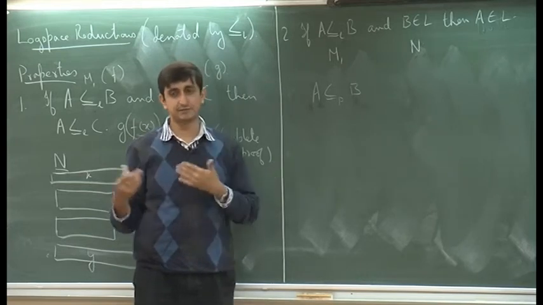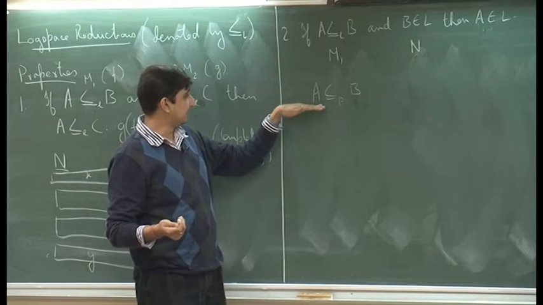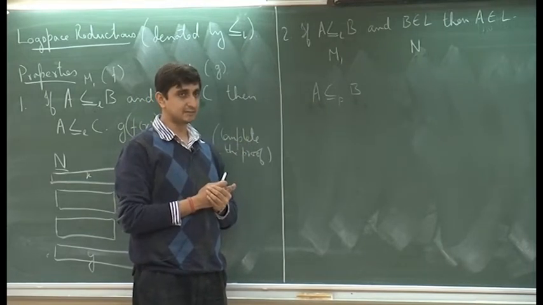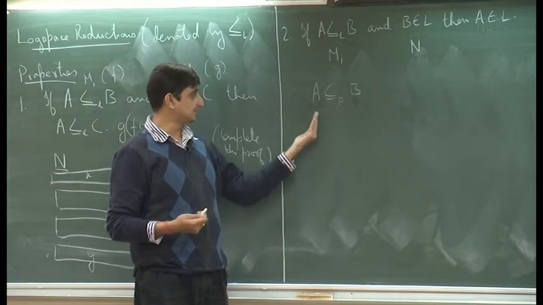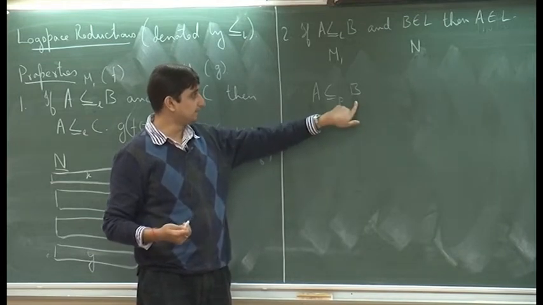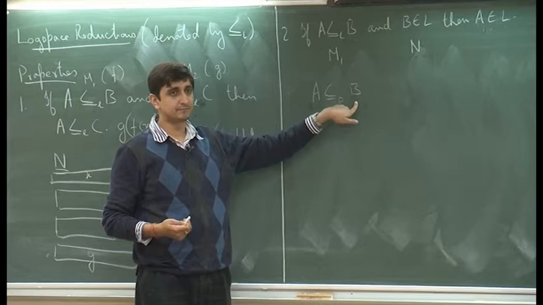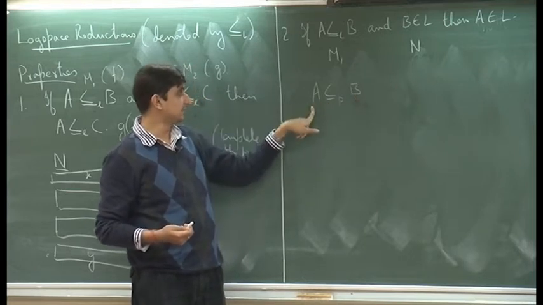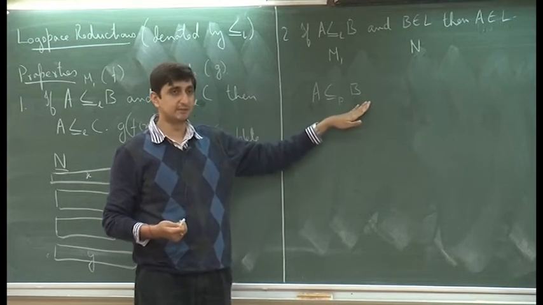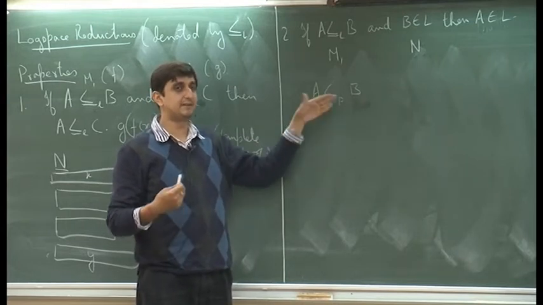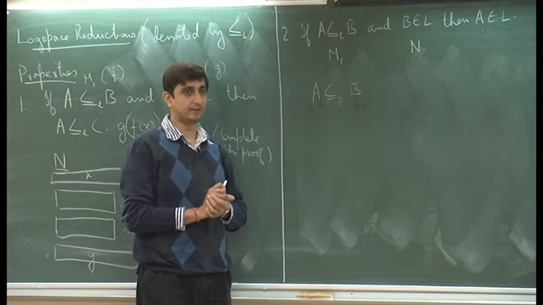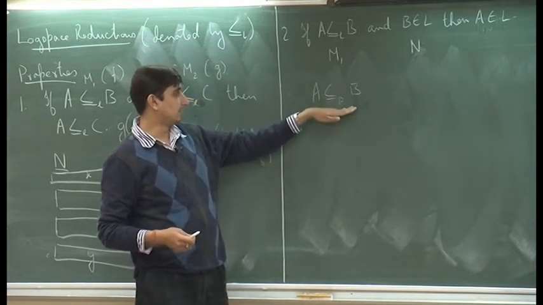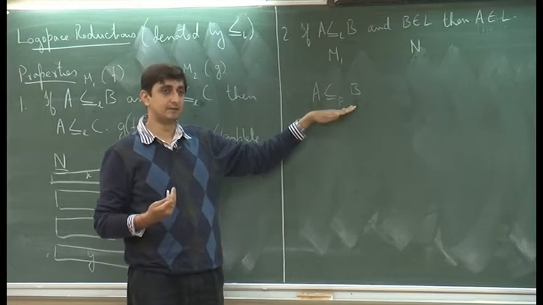I will just use DFS or BFS, and given any instance of A, I will check whether it is a yes instance or a no instance, and depending on the answer I get, I will map it to the corresponding instance of B. If it is a yes instance, I will map it to the yes instance of B, and if it is a no instance, I will map it to the no instance of B. It is a very trivial kind of reduction that I am doing. Basically, I am abusing the power of the polynomial time reductions that I am given.